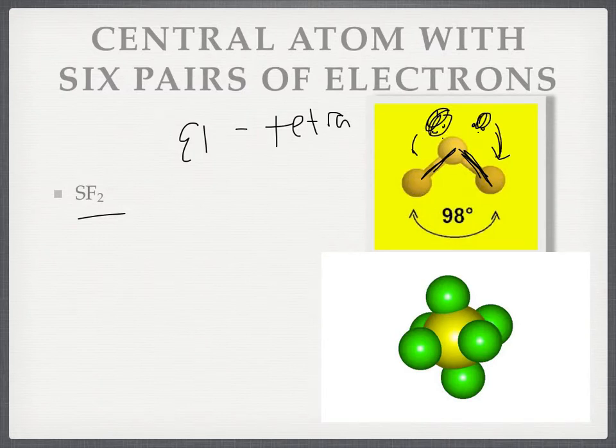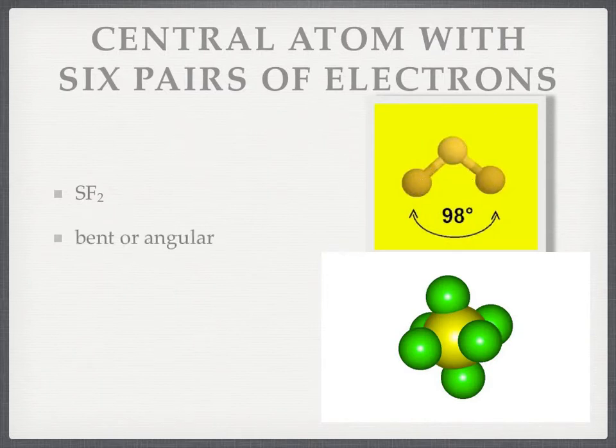They force these things away. In fact, those electrons that are unshared are actually a little bit stronger than the ones that are shared, and so they'll force it down just a little bit closer. And you can see in between here, you've got an angle of 98 degrees. This is usually called bent or angular. I think the term that our book talks about more commonly is angular. I've always heard of it as bent.